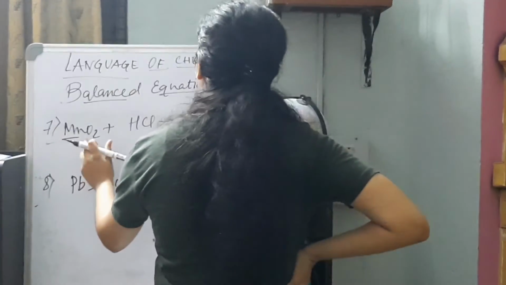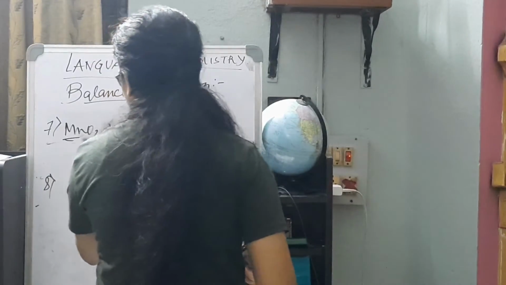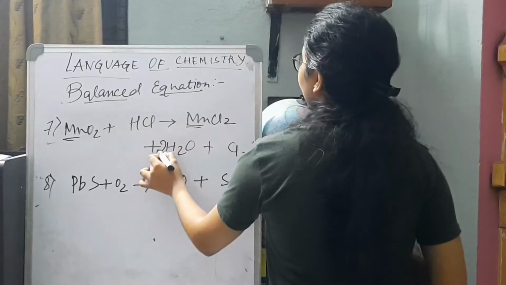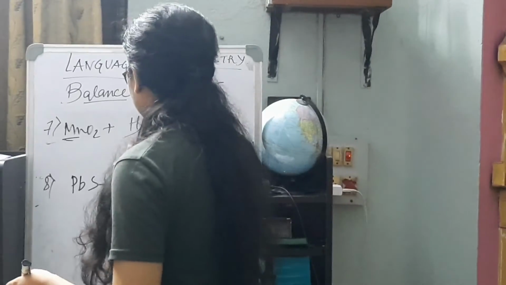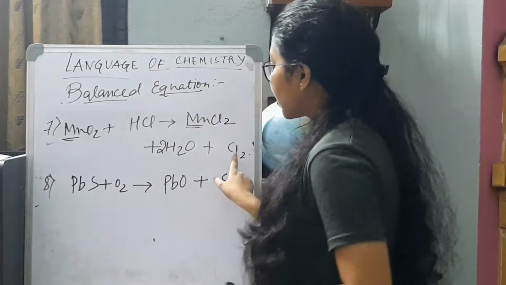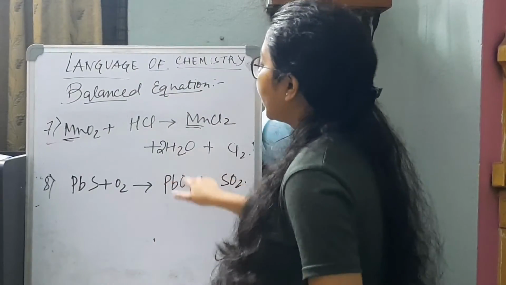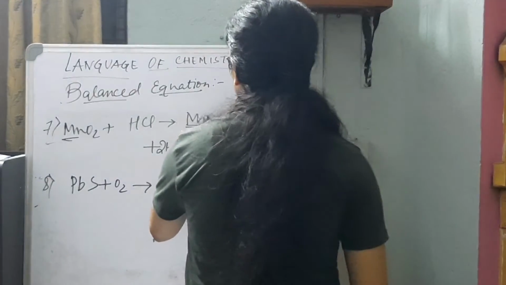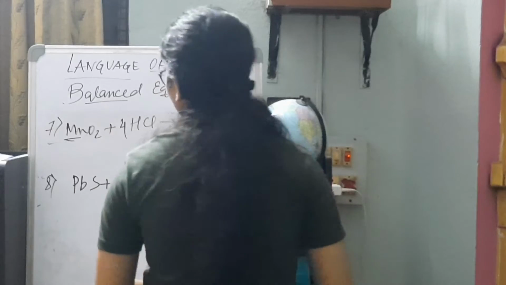Now we move to oxygen. For oxygen, in this case, oxygen is 2 in number, multiplying this side by 2. Now when we go for hydrogen as well as chlorine, chlorine is 4 in number, hydrogen is also 4 in number, multiplying this by 4.